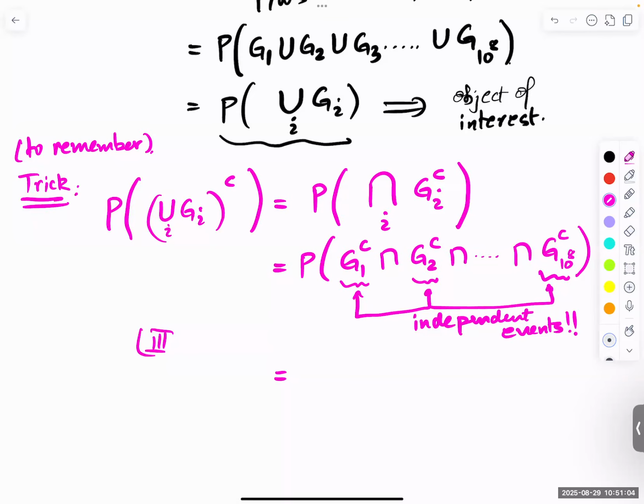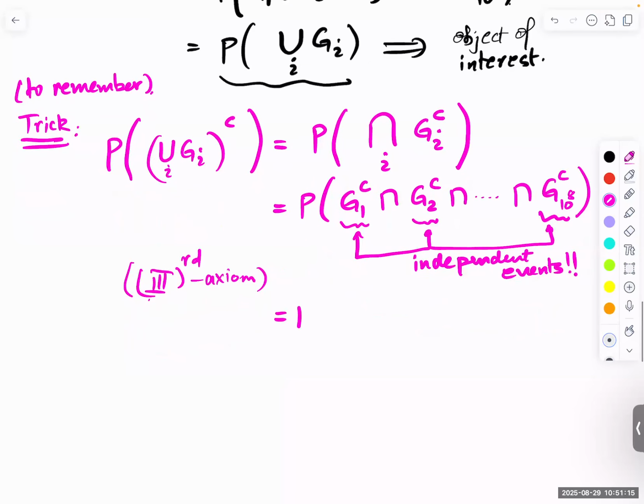The third axiom of probability tells us that if I look at the probability of the intersection of independent events, we can write it as the product of the probabilities of the events. So this will be the probability of G1 complement times the probability of G2 complement all the way till the probability of G 10 raised to power 8 complement. So life is good because now this big complicated intersection can be written as a product of very simple terms.